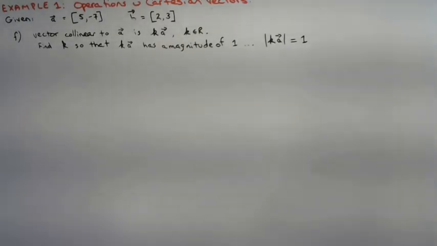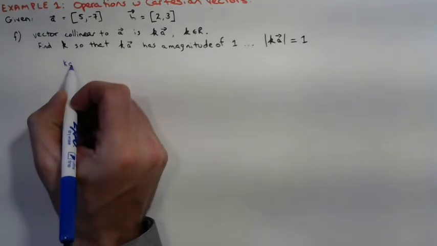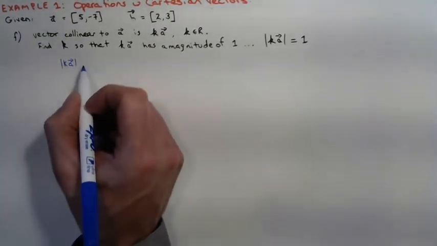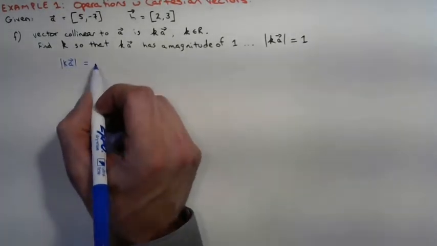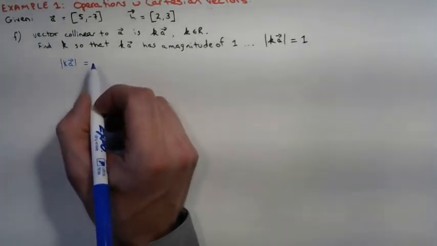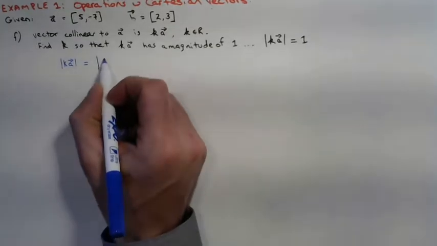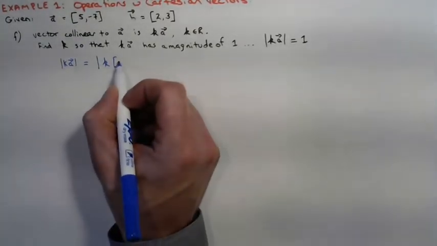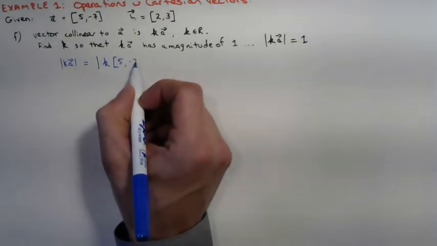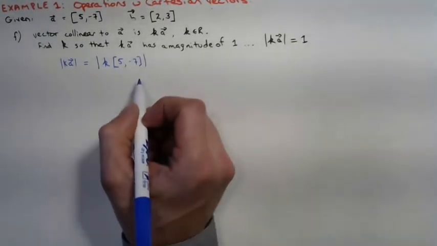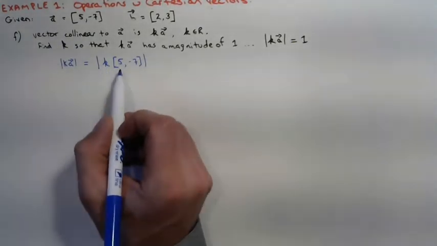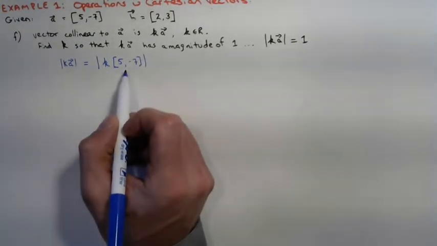All right, so that's our first step. We're essentially saying that we want the absolute value of Ka, its magnitude, and we're going to rewrite that the same way we have been. So we're looking at the absolute value of scalar k times the vector a, which is 5, -7. So we're finding out which value of k is going to give this a magnitude of 1.